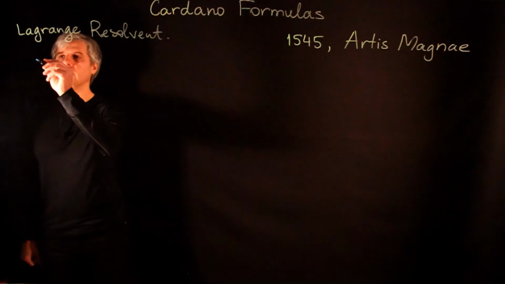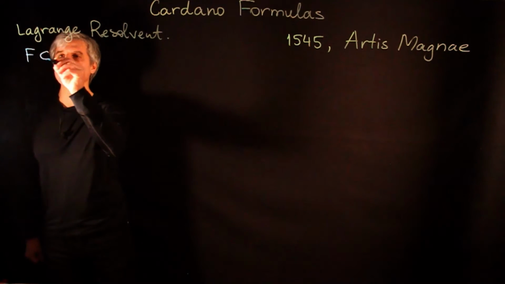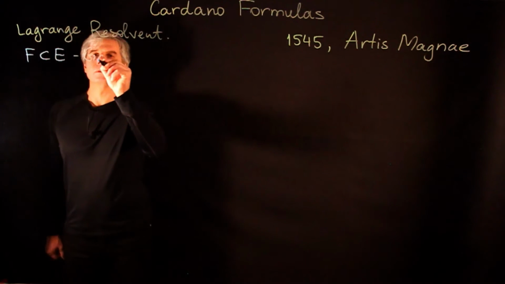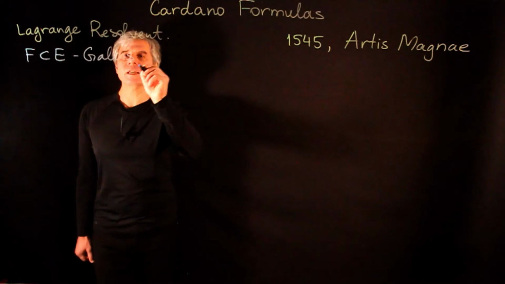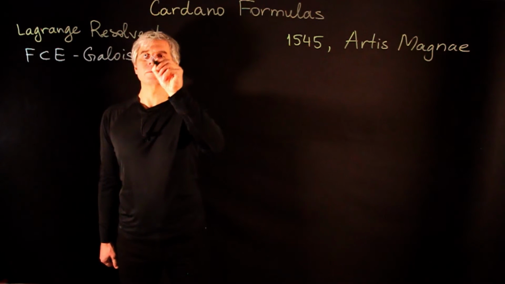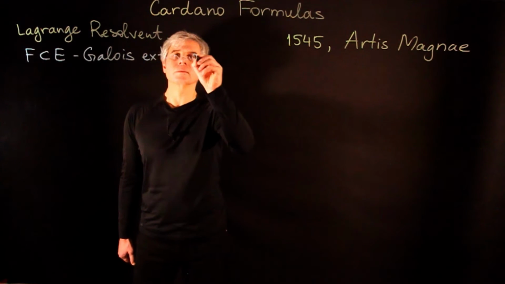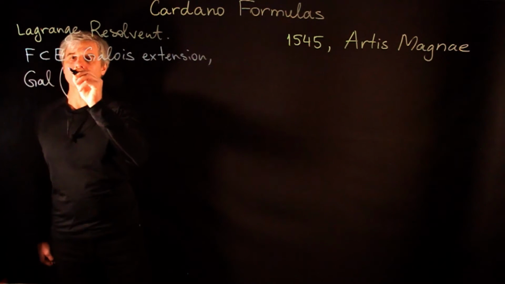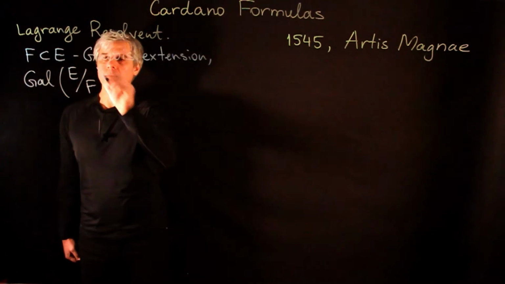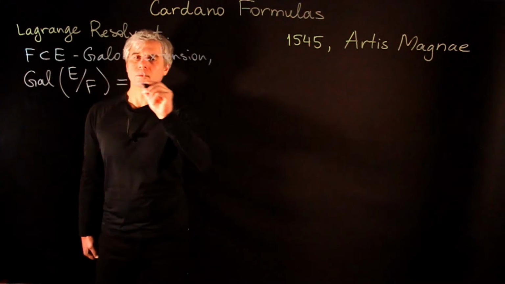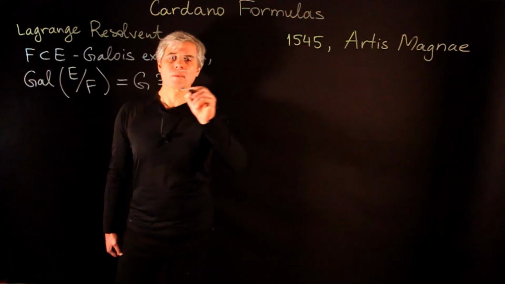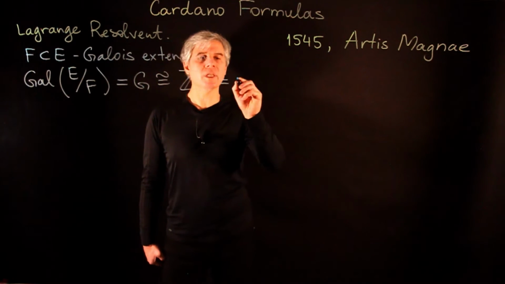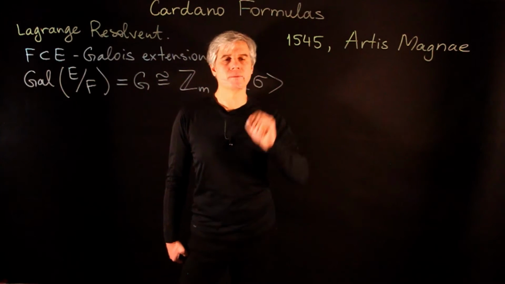The setting here is the following. So we have a Galois extension E over F with a cyclic Galois group, and suppose it has a cyclic generator sigma.